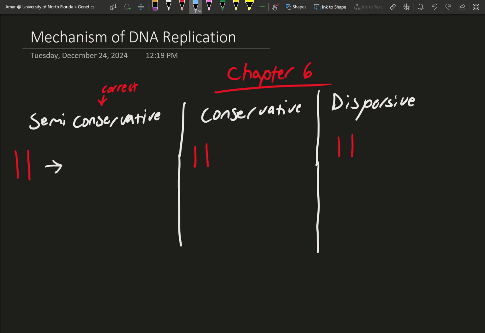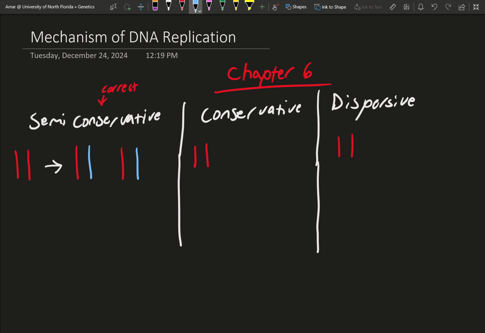After replication, you would end up with a duplex that had the original parental strand and also the newly synthesized strand. So this is essentially what a semi-conservative model is. You're basically using the parental chromosome to make a copy of a newly synthesized chromosome.